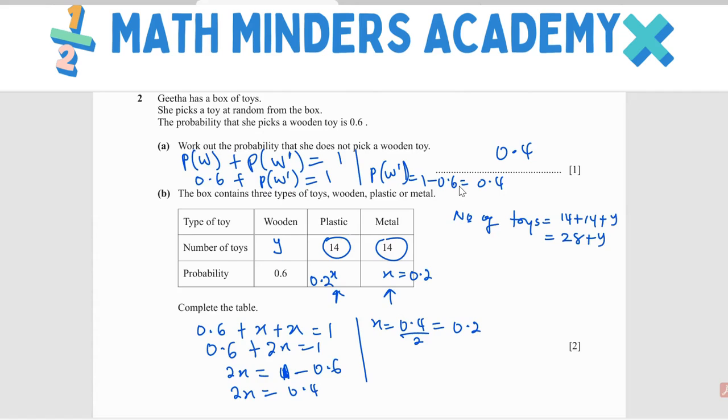And then the probability of picking a wooden toy is going to be y over 28 plus y. And this probability is 0.6, which is 3 over 5.